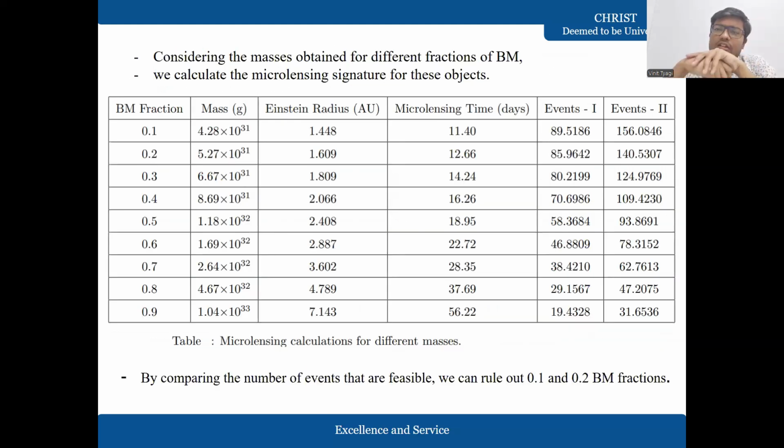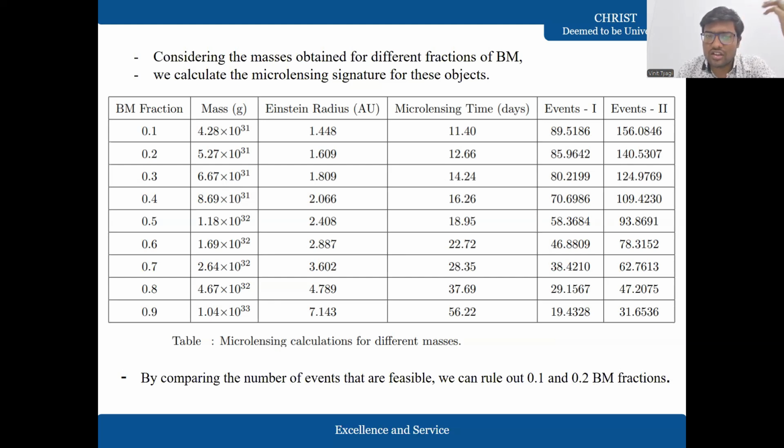And here we are making use of microlensing data again. We calculate the Einstein radius, we calculate the microlensing time, and we calculate the events for these objects for the different fractions and the different masses. And events 1 and events 2 represent the different methods, as I told before.